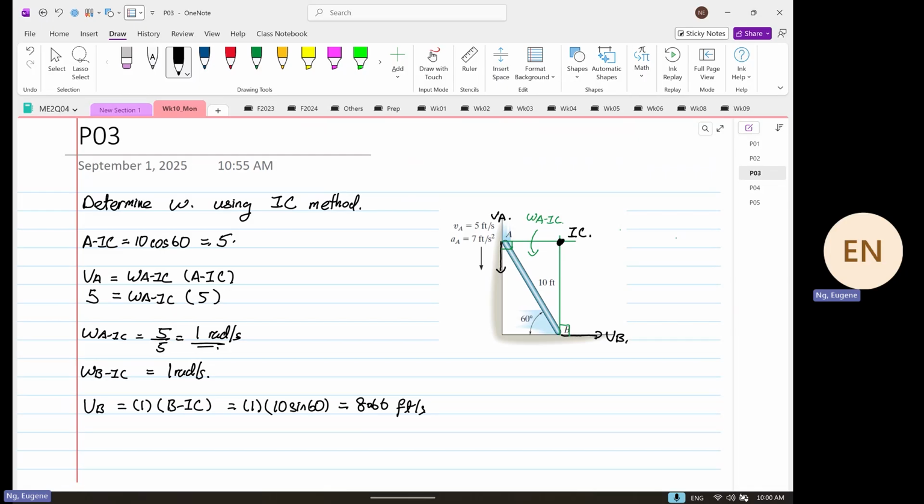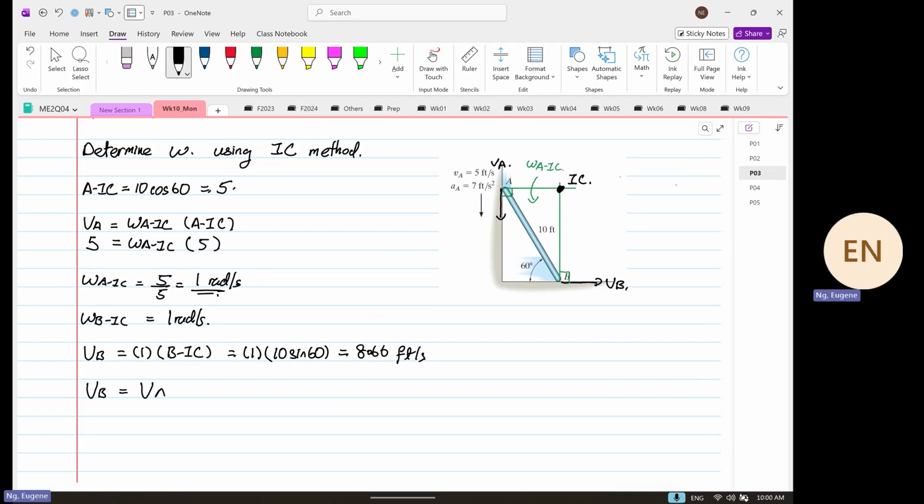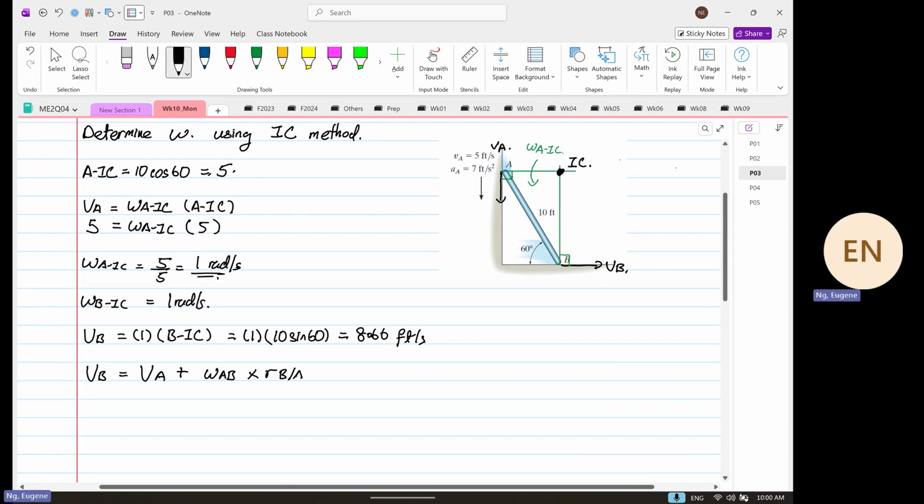So I'm just going to go through: if we know V_B, this is equal to V_A plus omega_AB cross R_B from point A. So this we have 8.66 i.